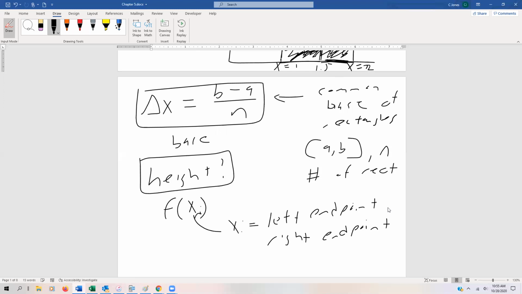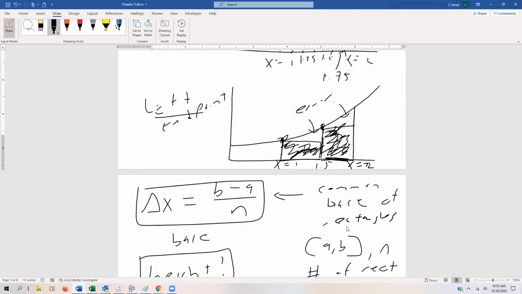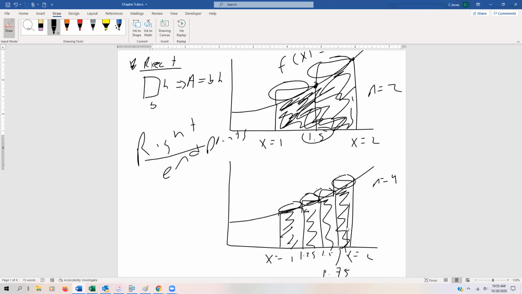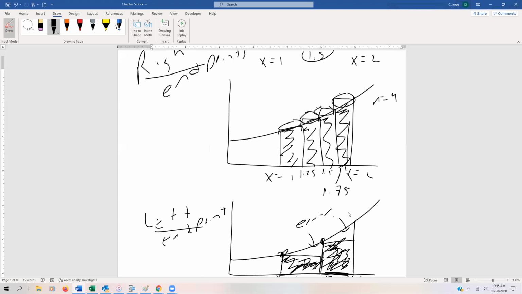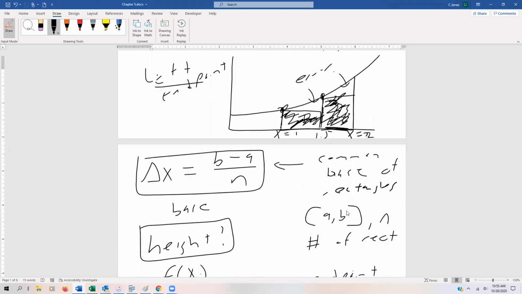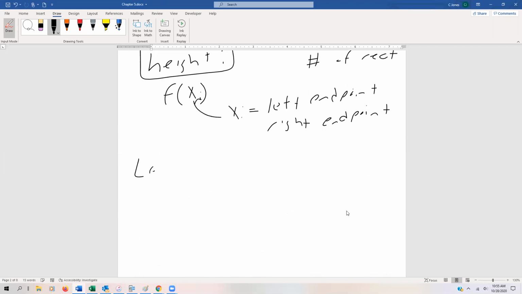So really when it comes down to it, these problems are merely calculator problems. They might be tedious, but they're just calculator problems. You might remember similar to Newton's method when we used that earlier. Notice that we're going to get an underestimate usually for the left endpoint. So left endpoints usually give us an underestimate.